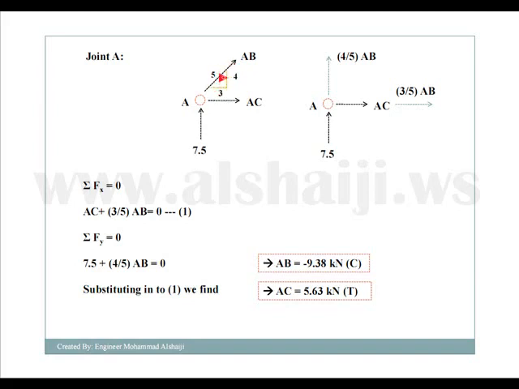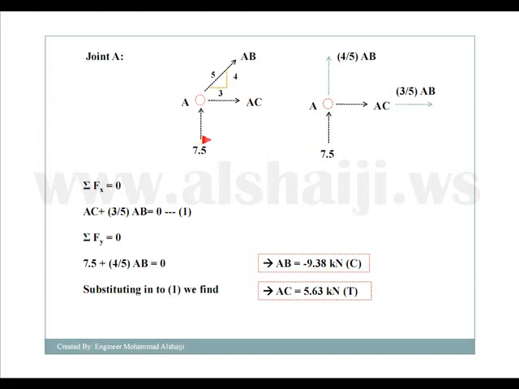If my assumption is correct and my number is positive, for example if I did the calculations and got a positive value for AB, that means my assumption is correct, and the force in AB is in tension. And if I got a negative, that means the force is in compression. So draw the joint, draw the members, and draw the arrows pointing away from the joint.